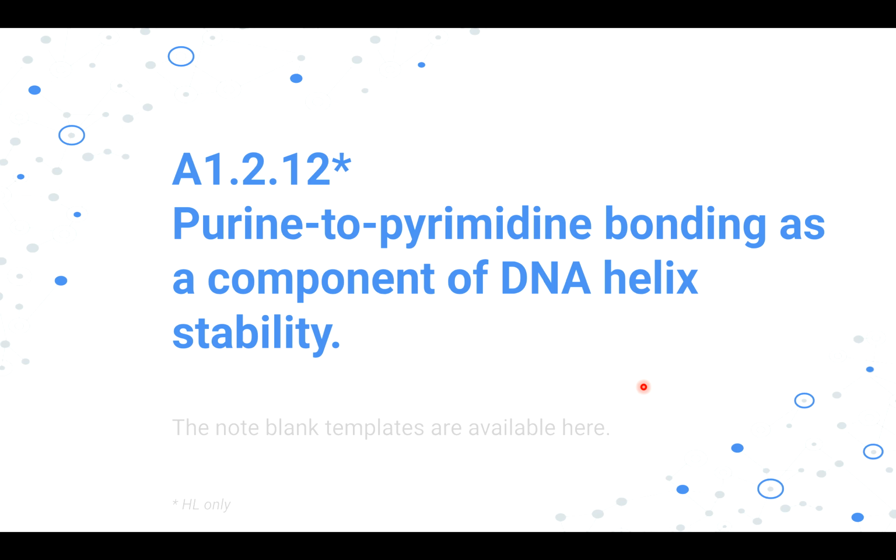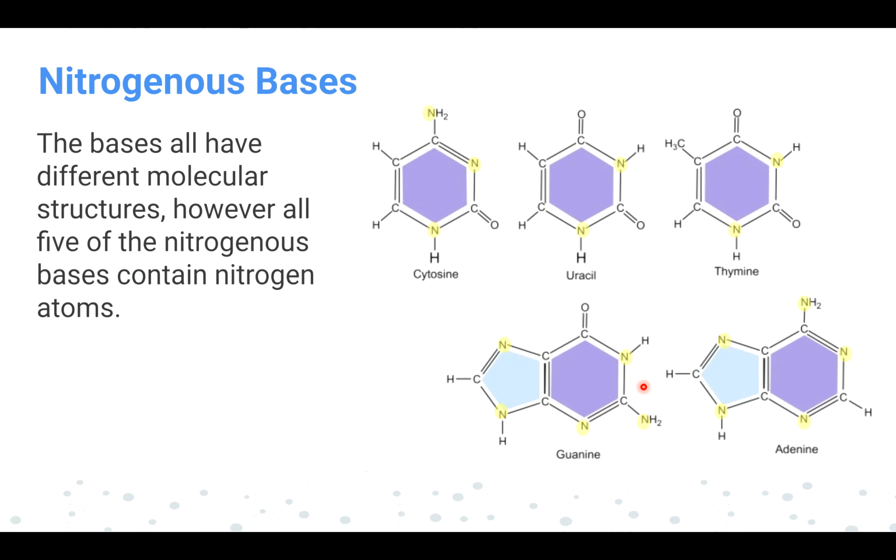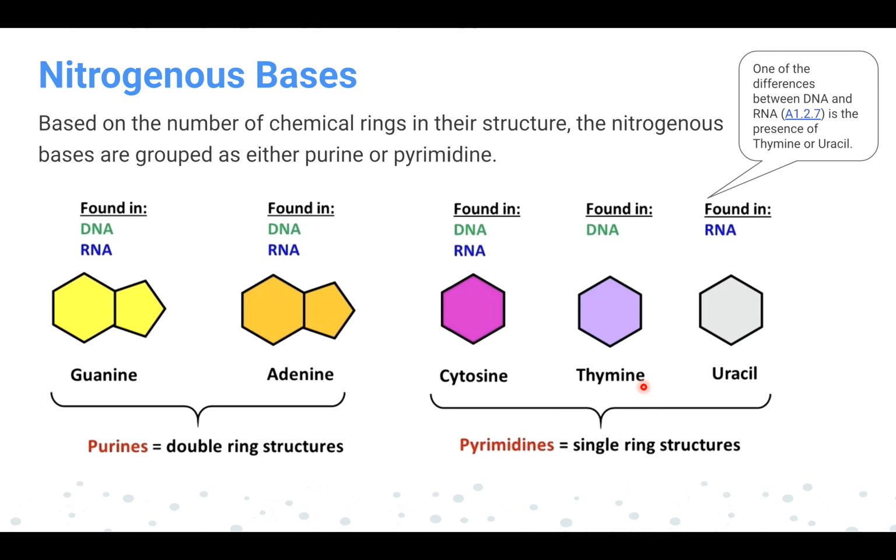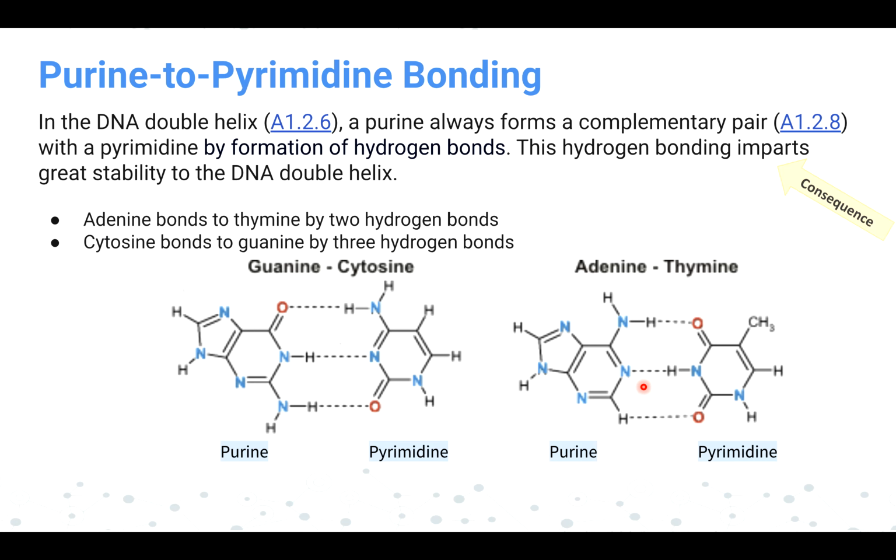Purine to pyrimidine bonding as a component of DNA helix stability. Let's talk about how they maintain stability. These are the bases we have. These are the structural bases, found in the DNA and the RNA. But when it comes to combining the bases, G binds with C. And as I mentioned, for hydrogen bond formation you need hydrogen first, and second an electronegative element.